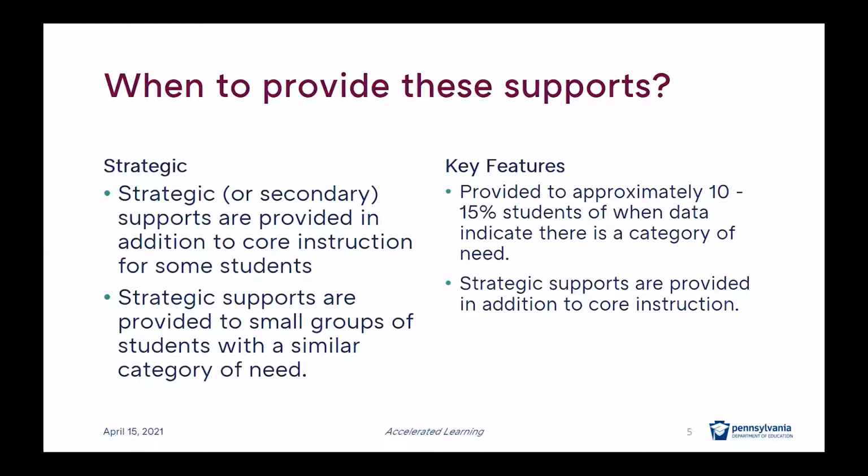So when we think about the provision of strategic and intensive supports, resource allocation is an essential component. If we have a large number of students who require additional supports, do we have capacity as a school to provide strategic and intensive supports to say 50 or 60% of our student population?